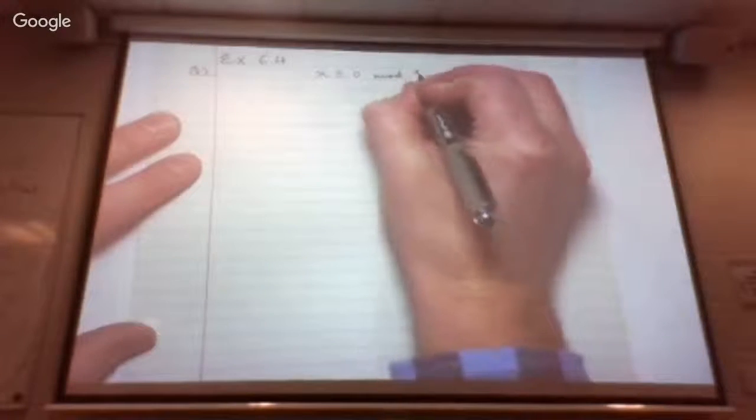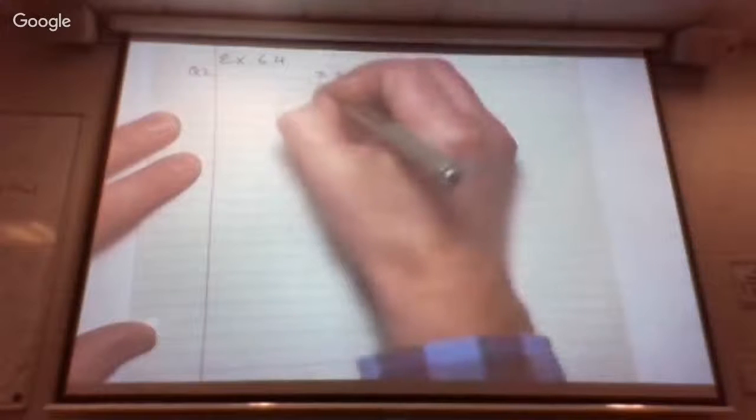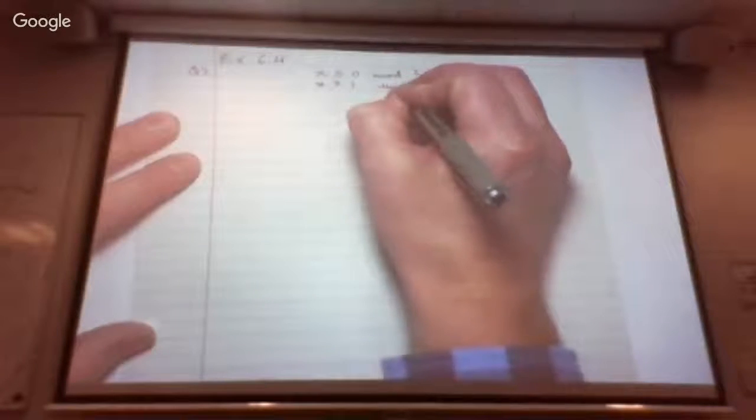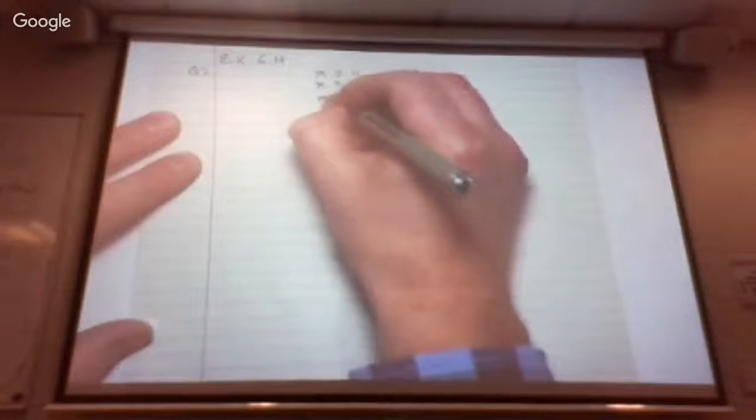So here we're talking about x being congruent to 0 modulo 3, 1 modulo 4, and x being 10 modulo 23.